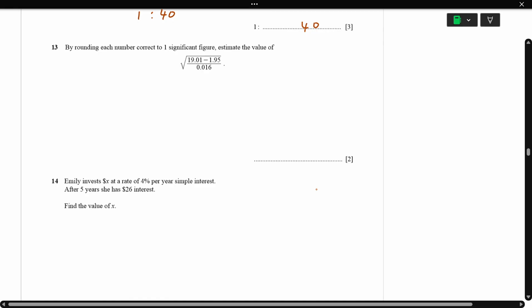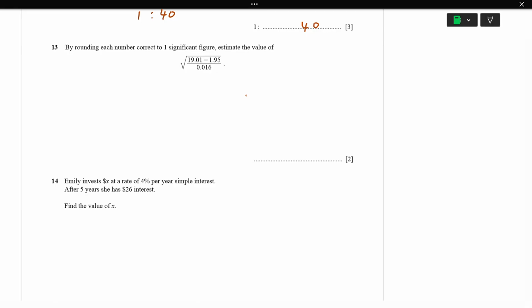By rounding each number to one significant figure, estimate the value of the expression. First, the square root of 19, when we round, we get 20, minus 1.95, when we round to one significant figure we get 2, over 0.016, which is going to be 0.02.